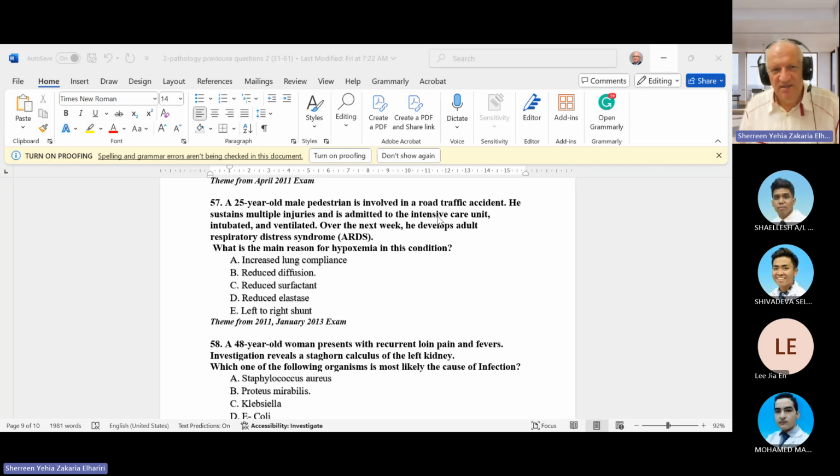Ventilation means the air goes in and out. Perfusion is the blood. So if we have something in the ventilation, like restriction or obstruction, it affects the lung function. If you have something like an embolus or lack of blood supply, it also can cause ventilation-perfusion mismatching. So in ARDS, the question is whether it is something in ventilation or perfusion of the lung.